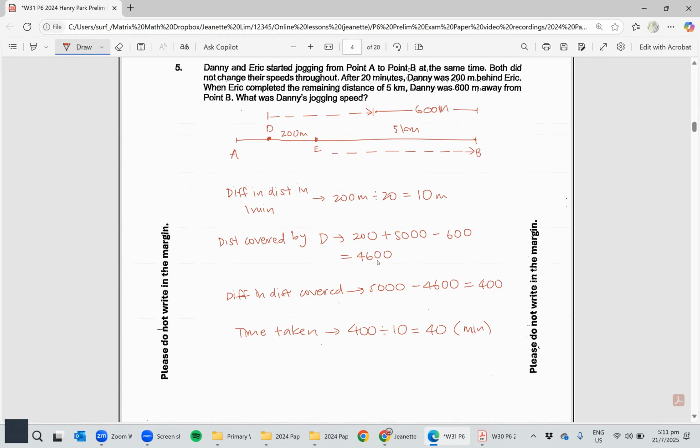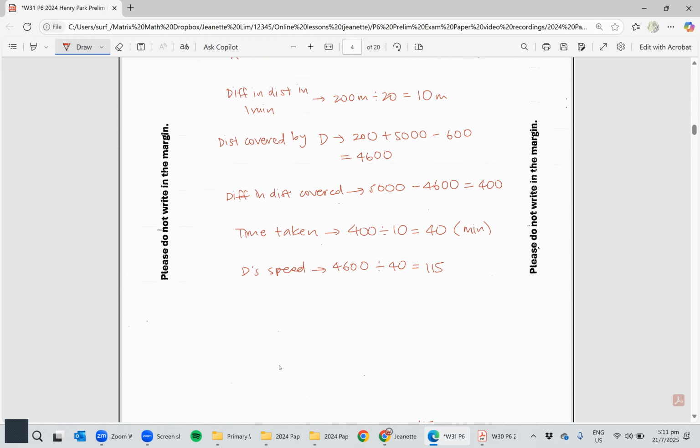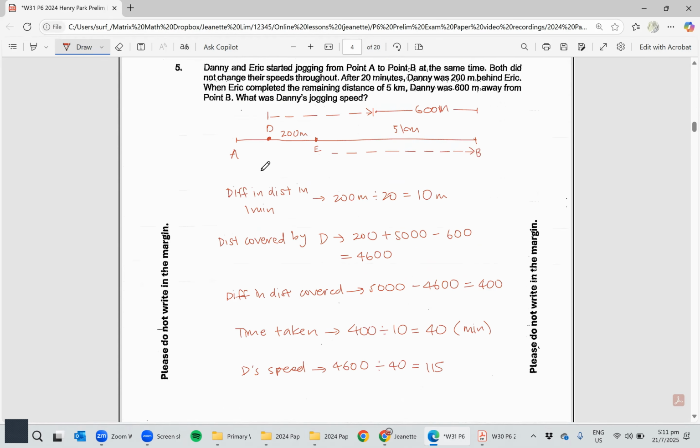So Danny's speed would be 4,600 divided by 40 minutes. So it's 115 meters per minute. All right, so we use the difference in distance to help us solve the question.